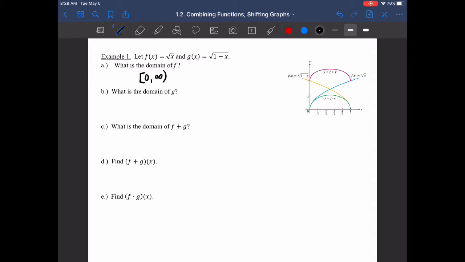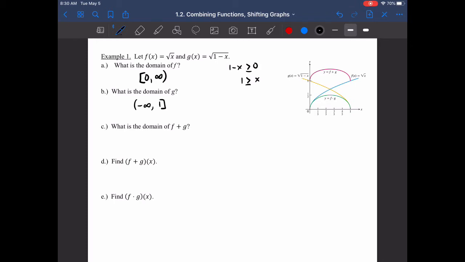Well, we need 1 minus x to be greater than or equal to 0. We can't let it be less than, which means we need x to be less than or equal to 1. And so our domain here means we can go all the way down to negative infinity, and then only up to 1, but including 1, because we have the or equal to sign.